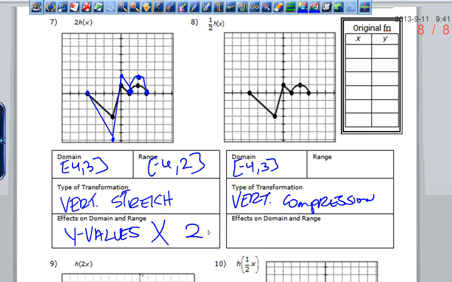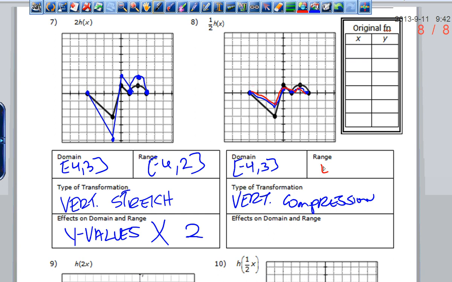So number 8, compression. What's going to happen to our picture? What's it going to look like? It's going to get squishier. This value doesn't change at all. Instead of being at -3, now it's at -1.5. Now it's just not as long, tall, however you want to say that. Now we divided our range by 2.